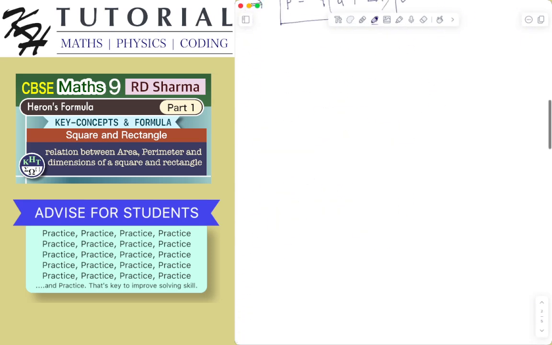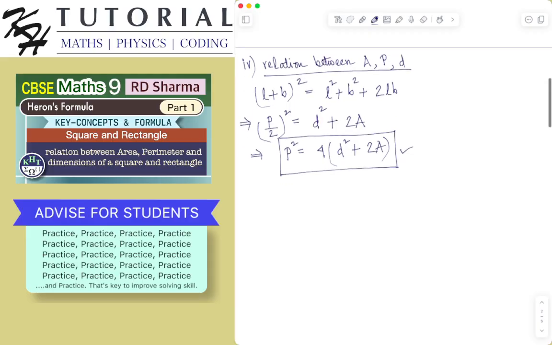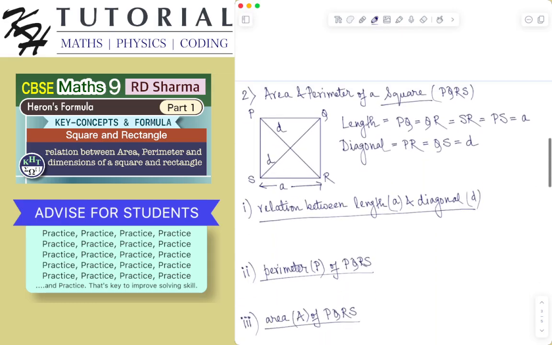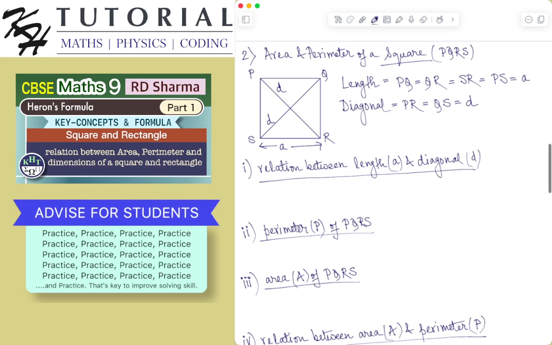Let's see the square. Now remember, a square is a special type of rectangle where all the sides are equal. So we have a square PQRS where the length of each side is, let's say, A, and the length of the diagonal, PR or QS, is equal to D. First of all, what is the relation between the diagonal and the length of each side?